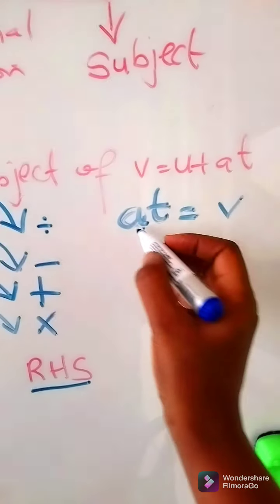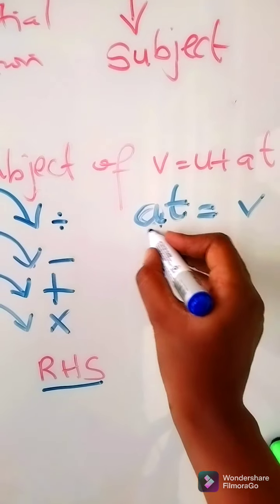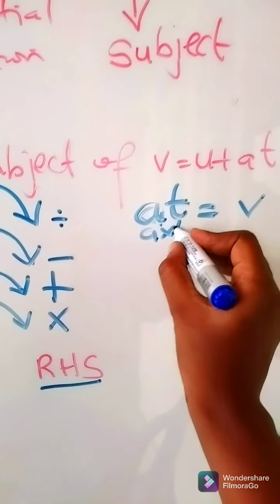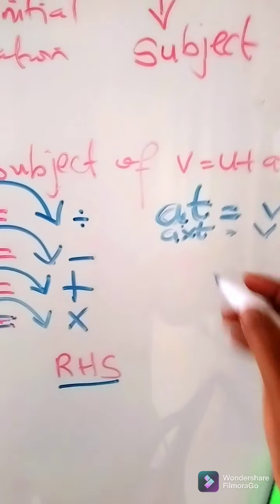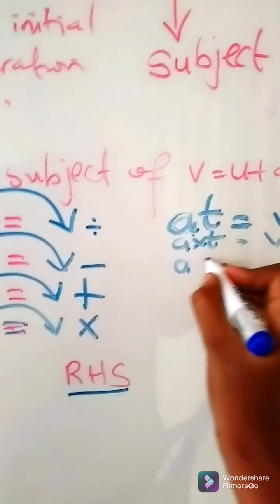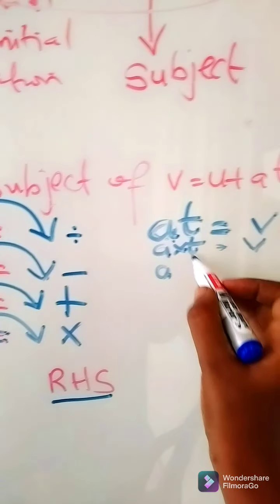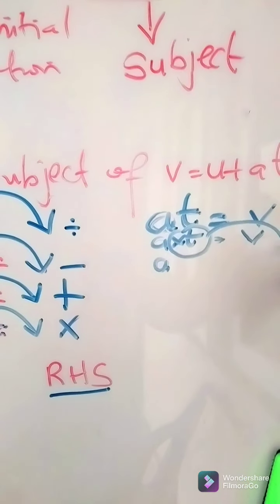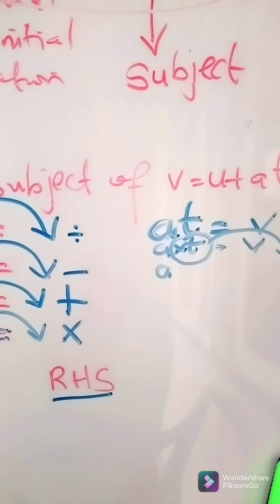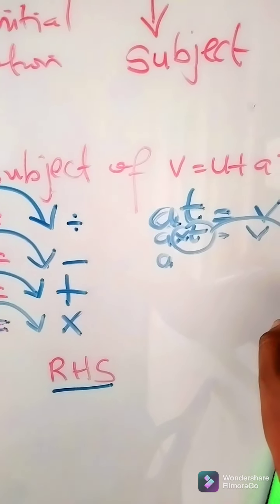Now we know AT is the same thing as A times T equal to V. So if I want to make A the subject of the formula, it means that I'm going to move times T to the other side of the equation, to the right hand side of the equation.